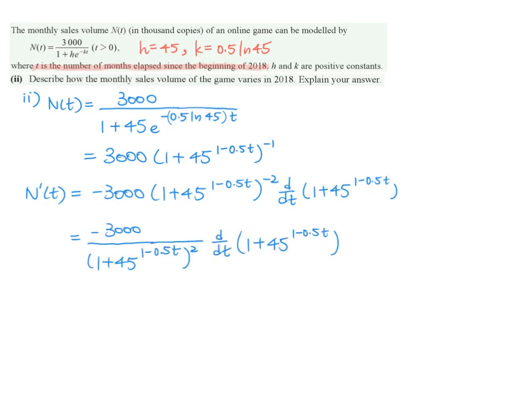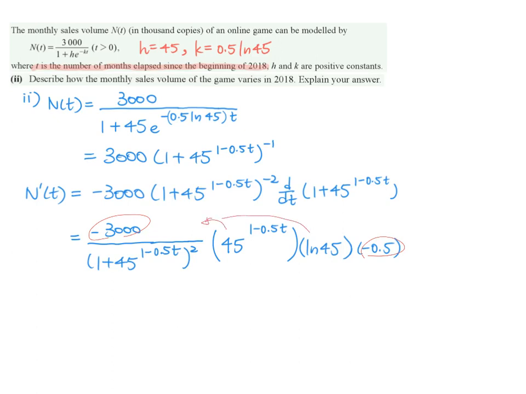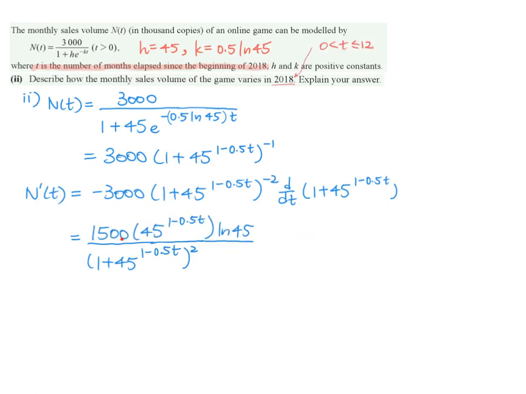Before doing that, I move this to the bottom. Then I deal with this now, which gives us this because the derivative of a to the u is rewriting it times the ln of this constant, and then again the chain rule. And this is just -0.5. And then I'm going to combine this and this together and move this back up here. Now here's a handsome first derivative.